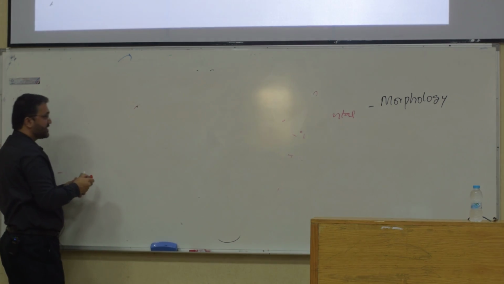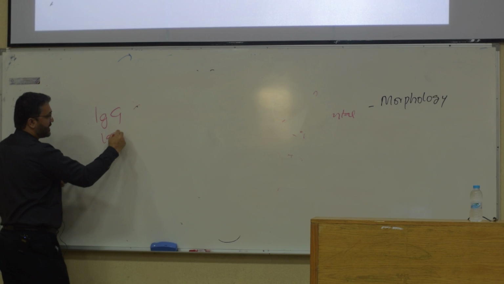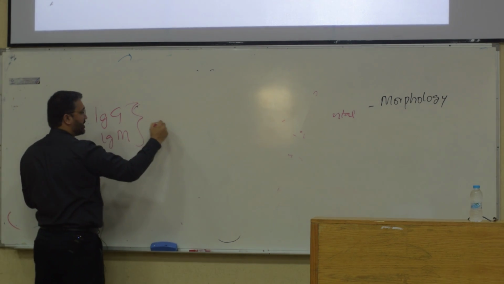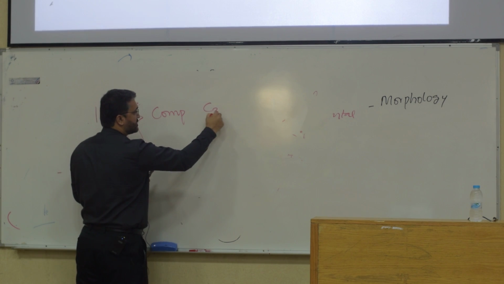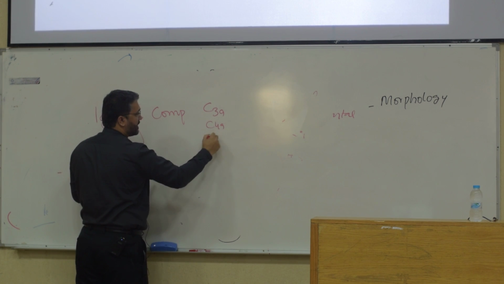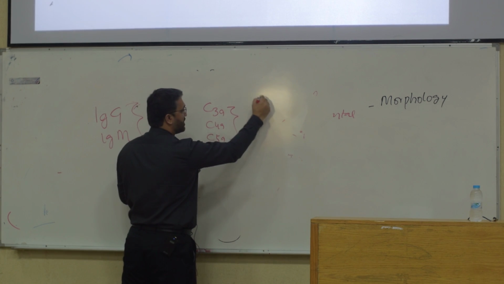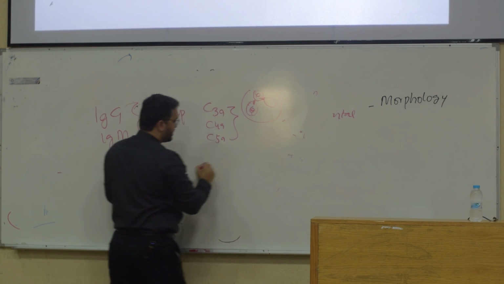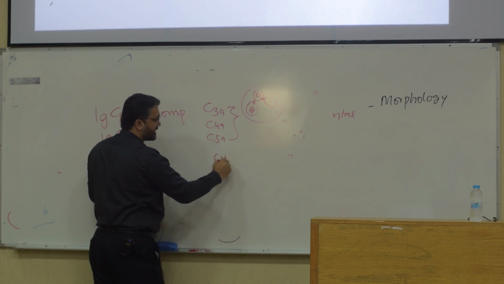One important thing is that whether it is IgG or IgM, they both are able to activate the complement. And then C3a, C4a, C5a can attract the neutrophils. At the same time they are also able to cause release of cytokines.